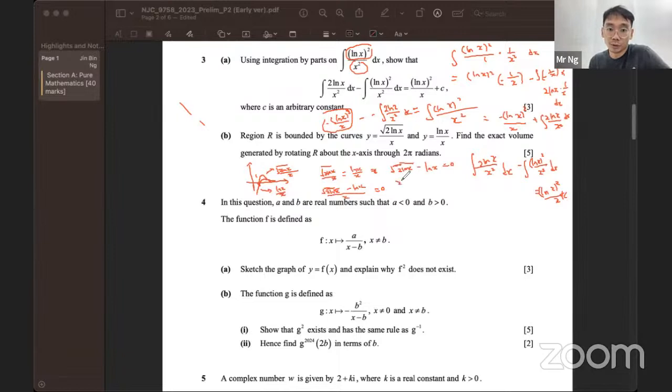So here 2 ln x equals ln x, square the whole thing. So ln x, bracket, ln x minus 2 equals 0.